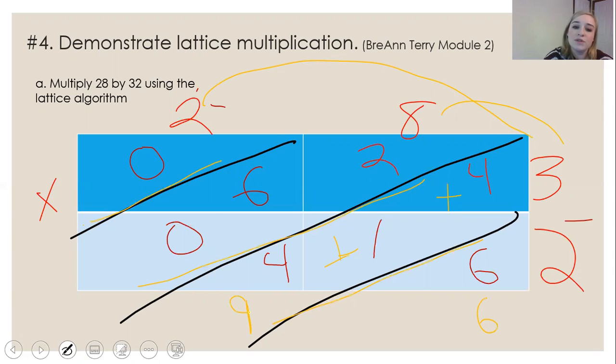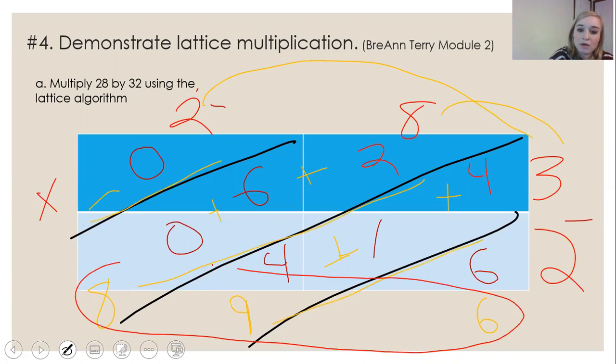And now we're going to do 0 plus 6 plus 2. That's going to be 8. And so now we're done because that's 0 right here. We see here we have this number that is our ending point. So 896, 28 times 32 is 896.